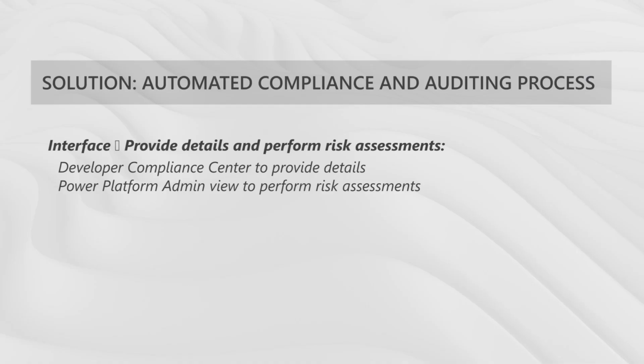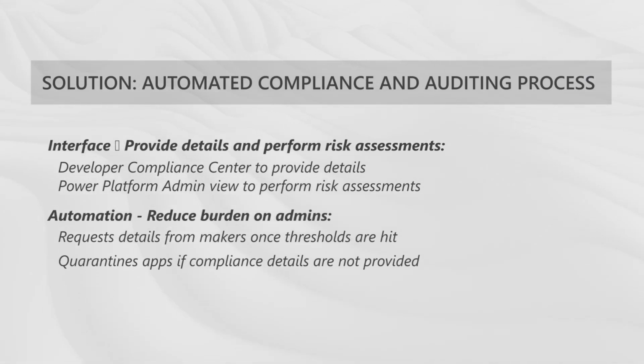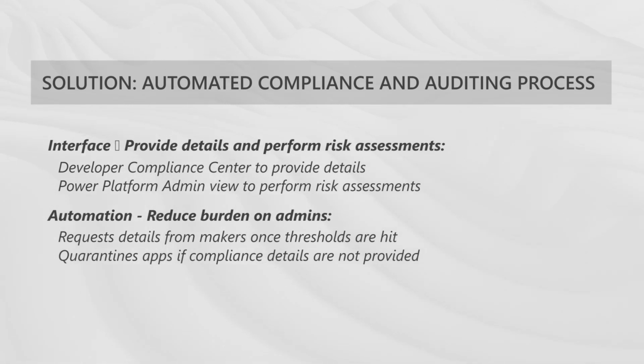These details are sent if the application is shared more broadly or launched broadly. And then the maker is prompted to provide those details using a Canvas app called the Developer Compliance Center. And they can fill out the details there and submit the form for the admin to review.